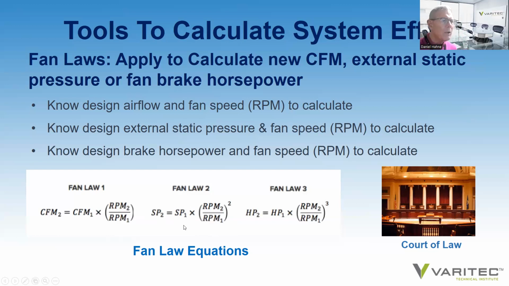So if we look here at static pressure differential, the fan speed is affected by the square of the differential. So all of a sudden we see that that fan might need to speed up considerably. And if you speed up the fan, what does that mean for the horsepower? Well, the horsepower is the cube of the RPM differential.